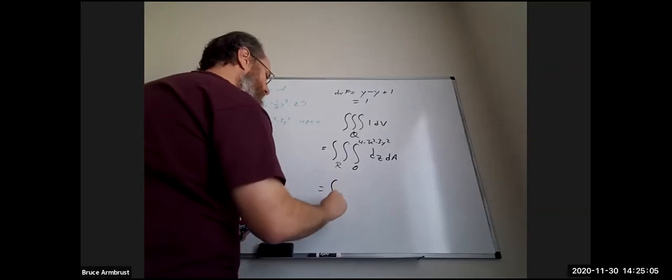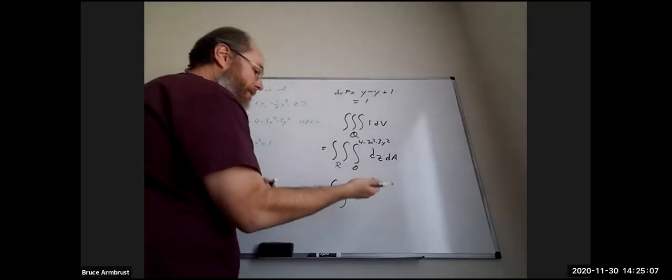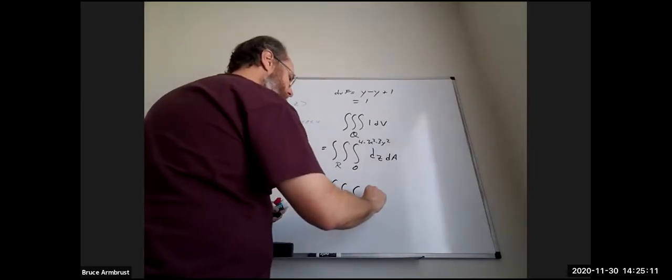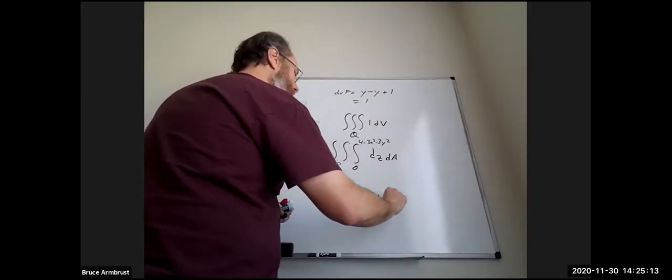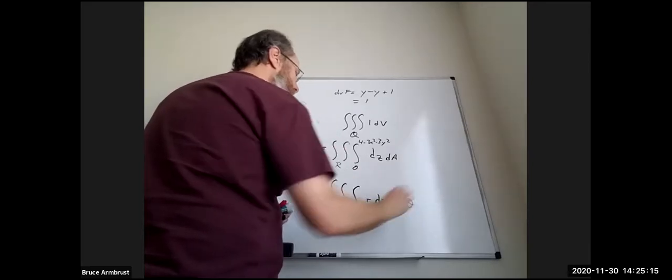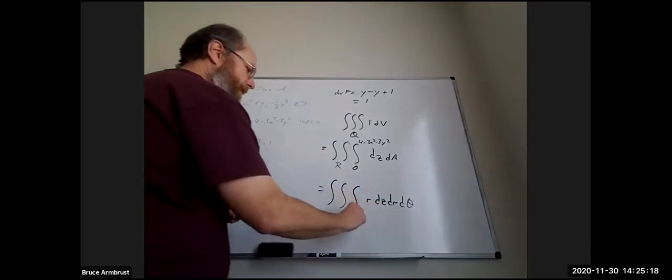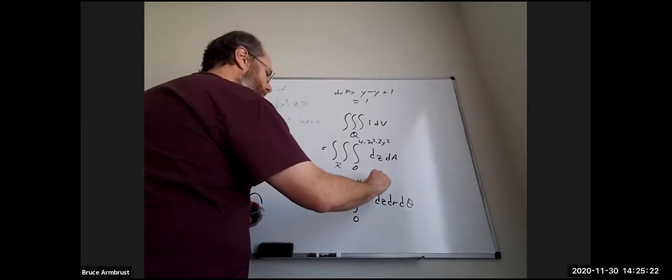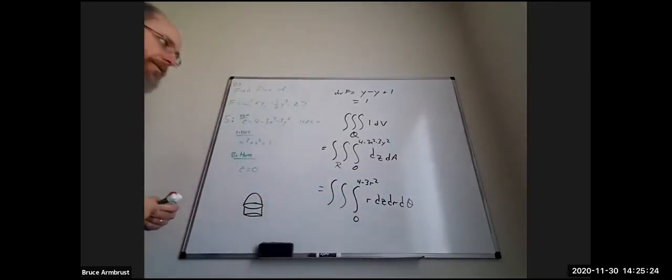If we change this into polar, so technically we're in cylindrical, we're going to have an r dz dr d theta. The z's are actually going to go from 0 to 4 minus 3r squared. You convert that.